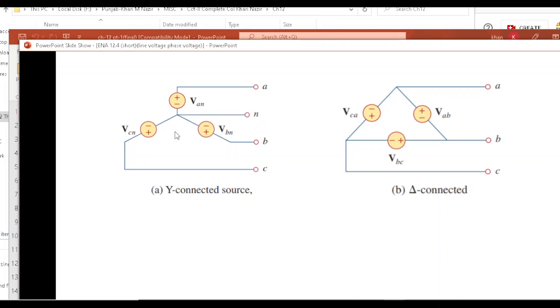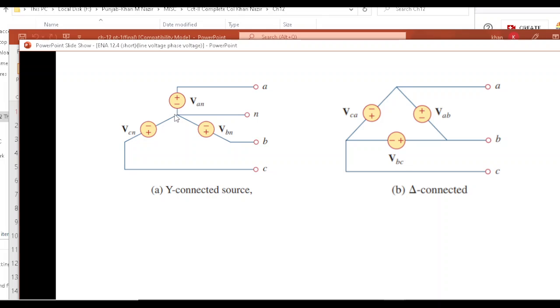Now basically, when we talk of the generating system or distribution systems, keep in mind three generators making the three-phase system, one generator for each phase. If the connection is in this manner as shown here, this is called the Y connected source.